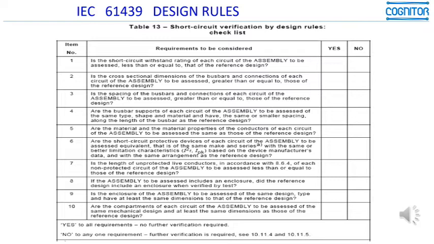Then you have some other equipment that are basically of the same family. They are of the same construction. They follow certain rules that can be checked in this table here.